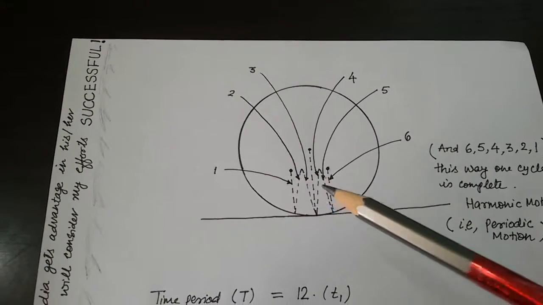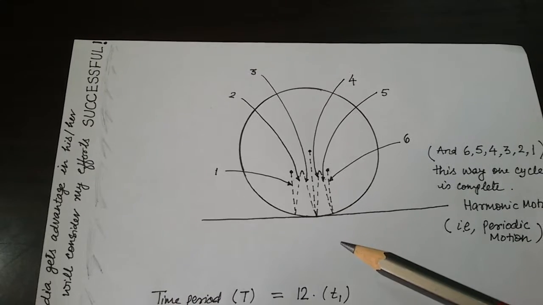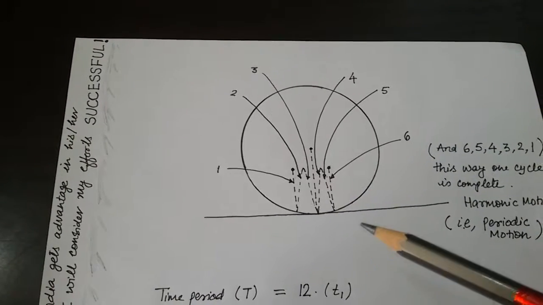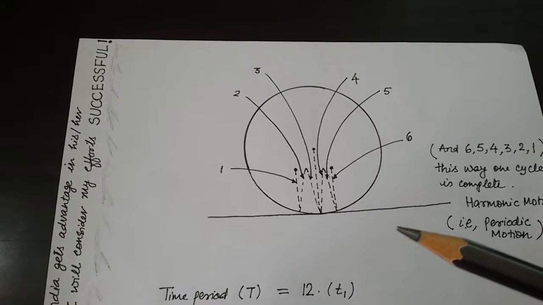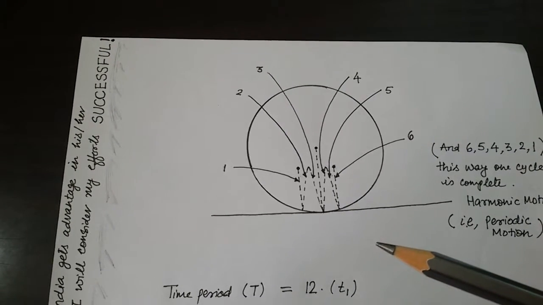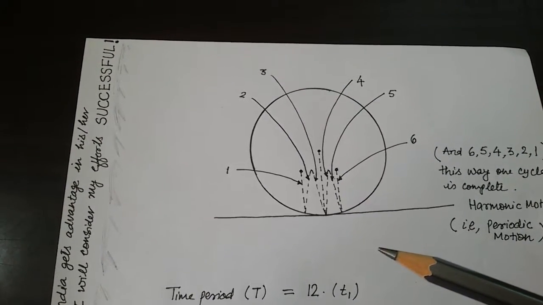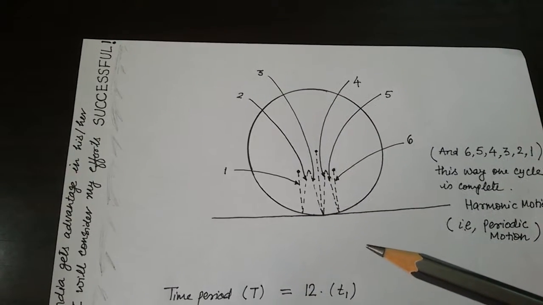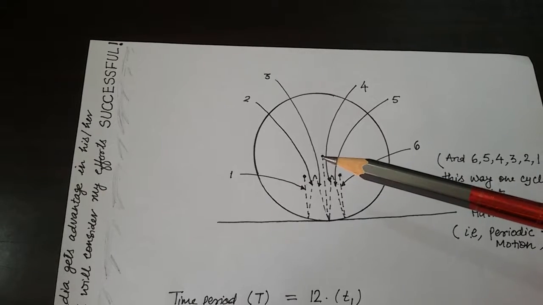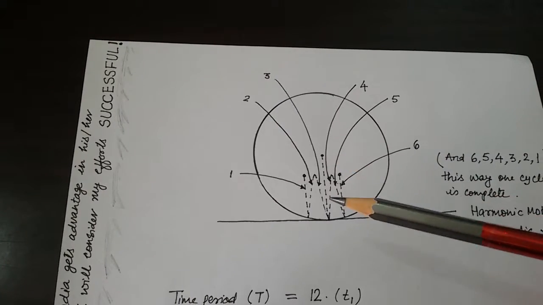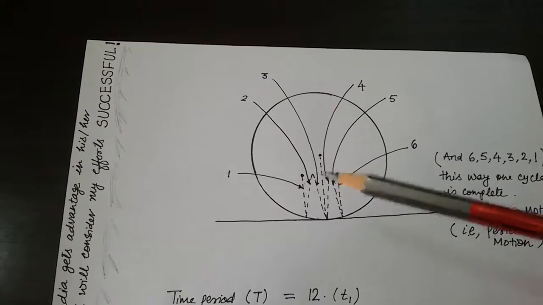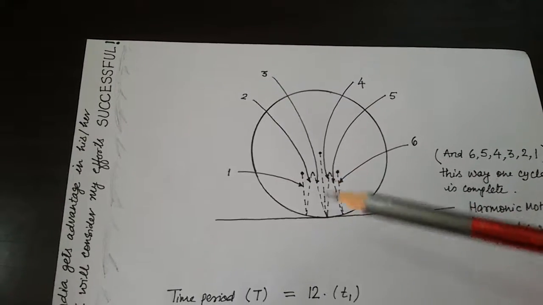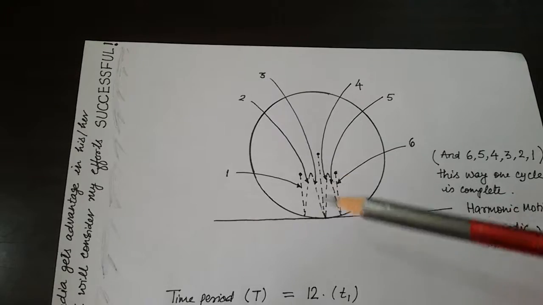The point is, focus, the person who is watching this experiment from a large distance will get a feeling as if the ball is moving along the vertical diameter all the time, up and down. That person would get a feeling as if this ball is moving along this line only, like this, like this. This is the feeling if you are looking at it from large distance.